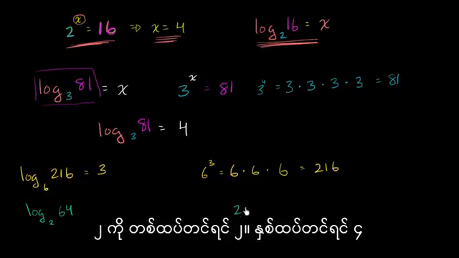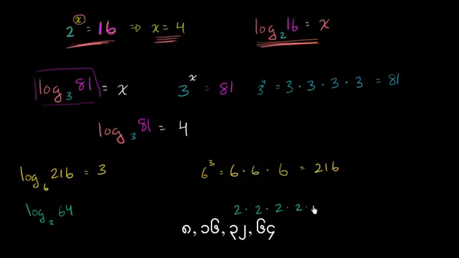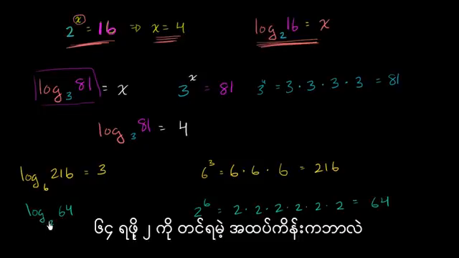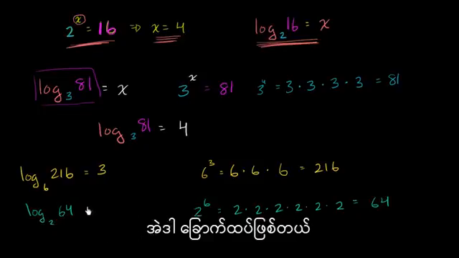So 2 to the first power is 2, 2 to the second power is 4, 8, 16, 32, 64. So 2 to the sixth power is equal to 64. So what power do I have to raise 2 to get to 64? Well, I have to raise it to the sixth power.